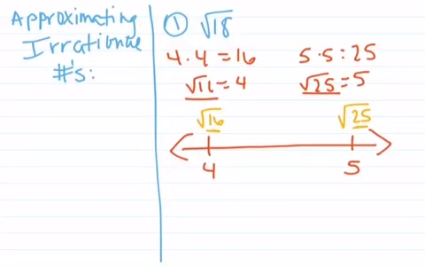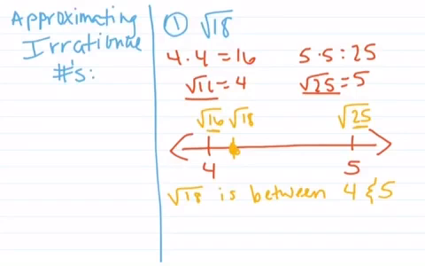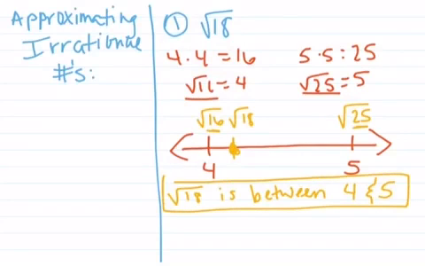Well, 18 is closer to 16, so I'm going to put the square root of 18 right here. Okay, so I'm just approximating. Again, I don't know exactly. So we could say that the square root of 18 is between 4 and 5. Okay, we don't know for sure. We're approximating. It's between 4 and 5.